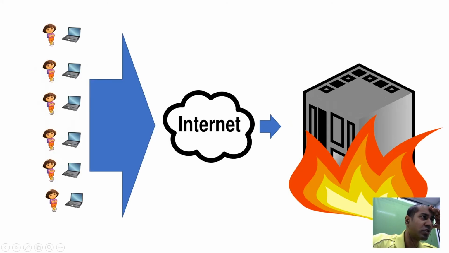An issue occurs when too many people are requesting access to that same page, because in the past, websites were hosted only on a single computer. So when the amount of traffic on the internet was low, this was okay.